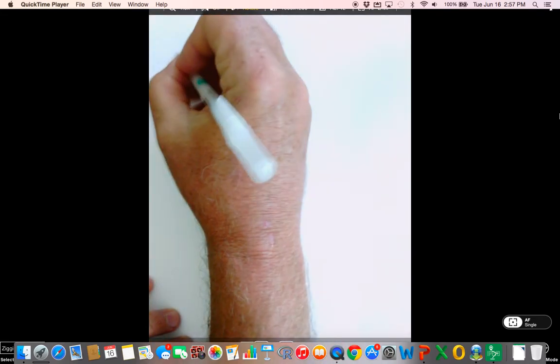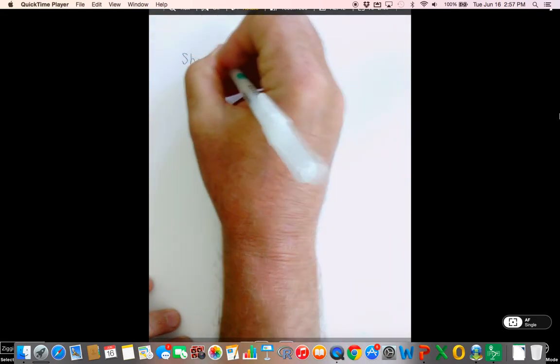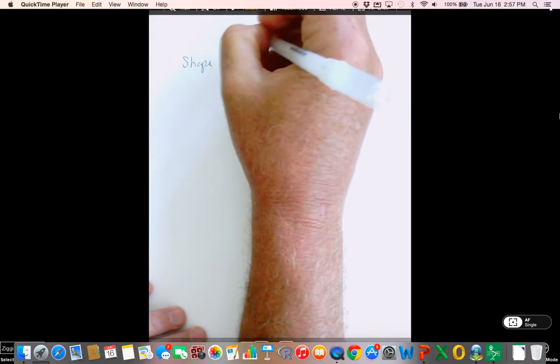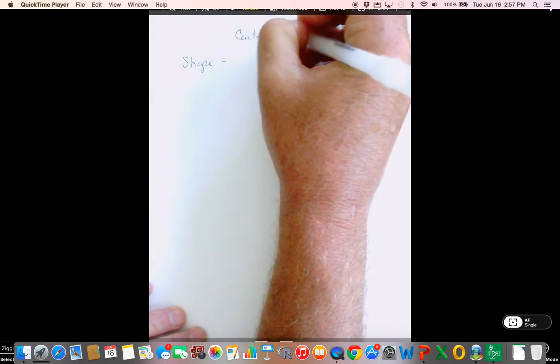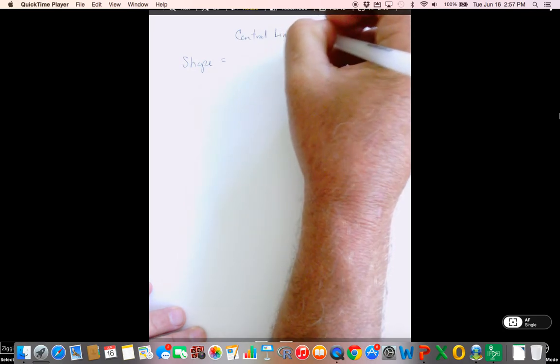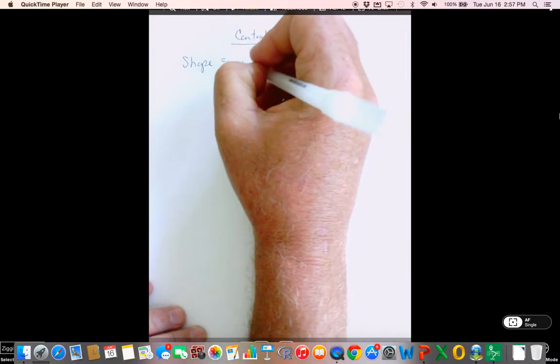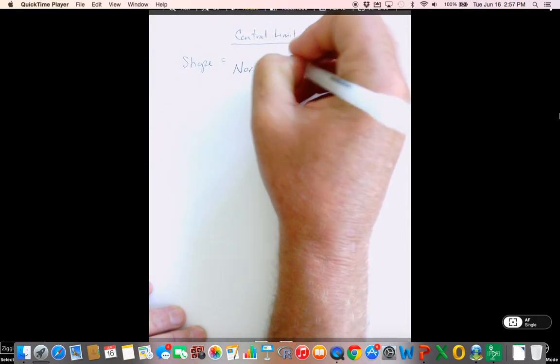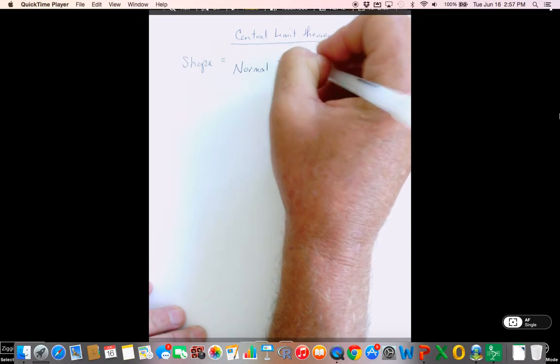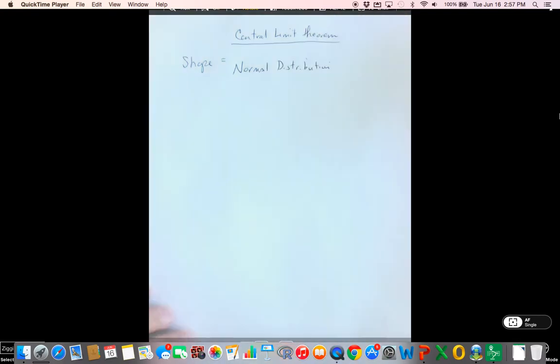Well, it turns out that the shape, and I will tell you this comes from the central limit theorem, the central limit theorem tells us that the shape is a normal distribution.